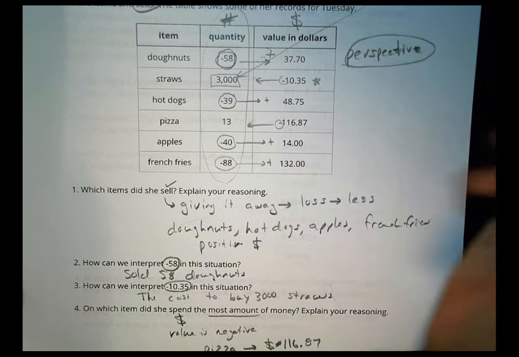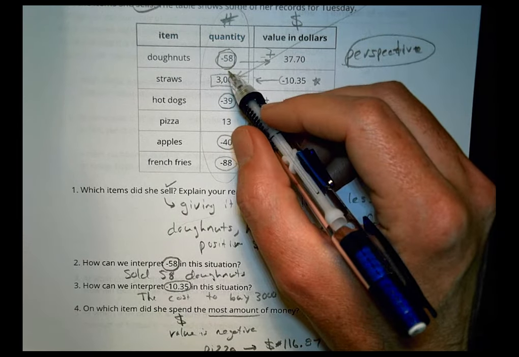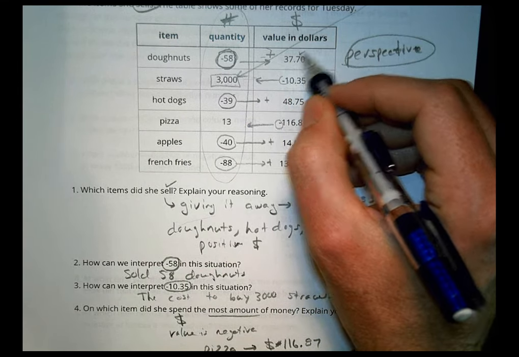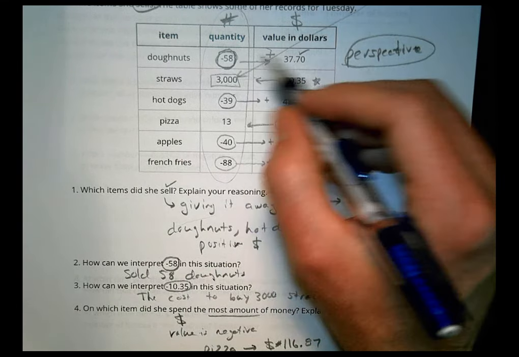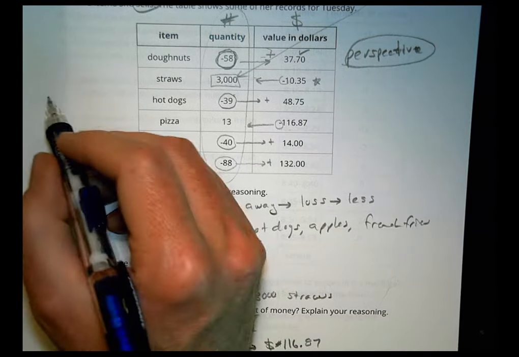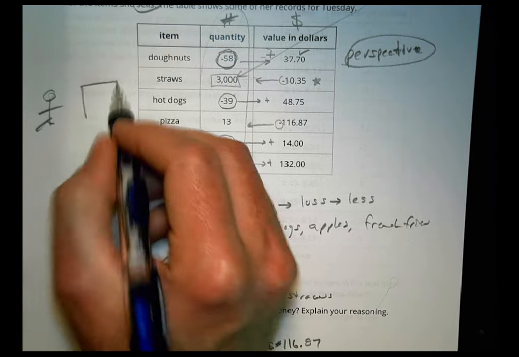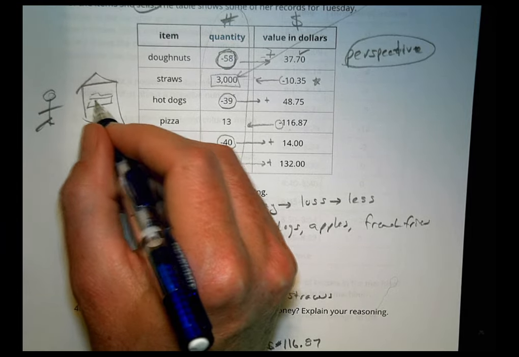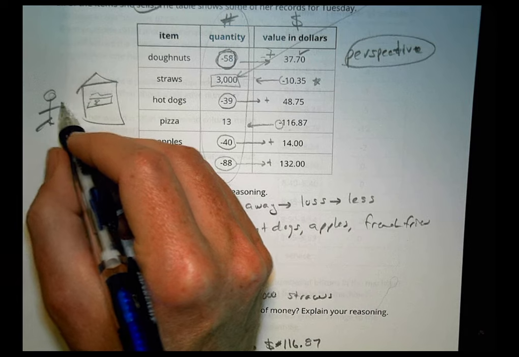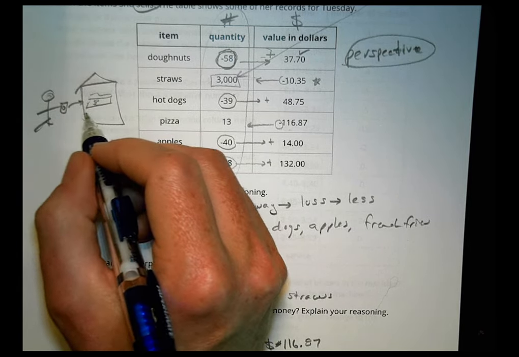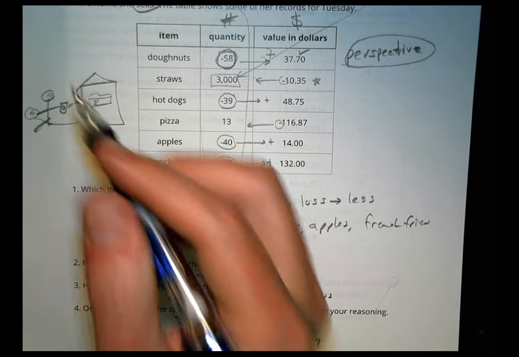So, for example, for the person who's selling stuff, she lost 58 donuts but got $37. What about the person who went to the store? If I'm the person that goes to the concession stand, and here's her little window where she's selling her stuff, I'm taking my money and giving my money in exchange for a donut.